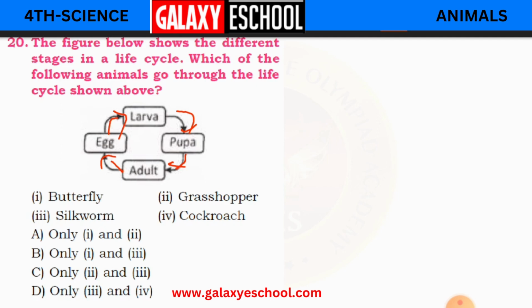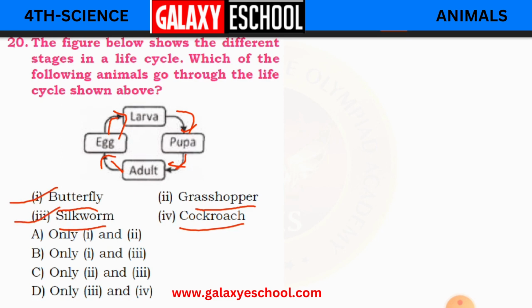Okay, children? So the first option is butterfly, second option is grasshopper, third one is silkworm, and fourth one is cockroach. So which have got this life cycle? The option is butterfly and also the silkworm.